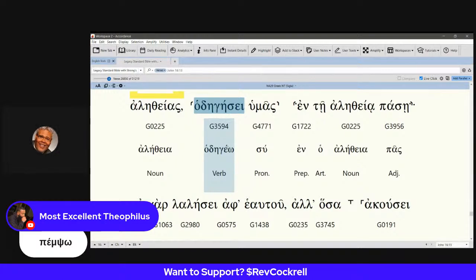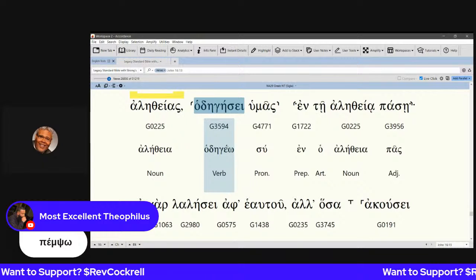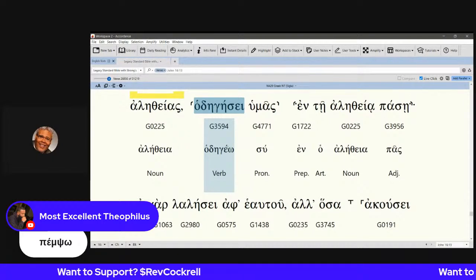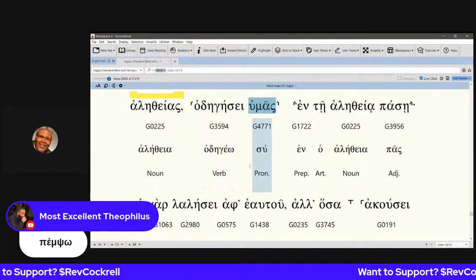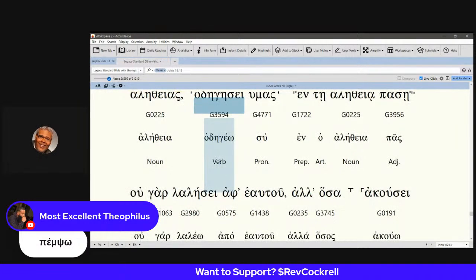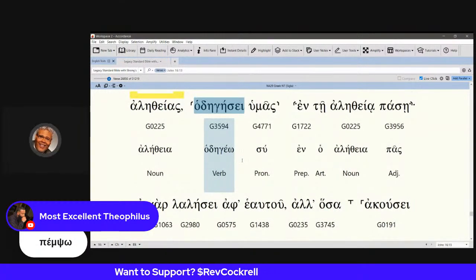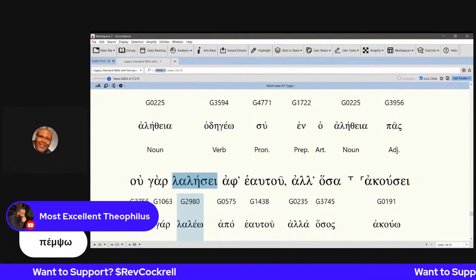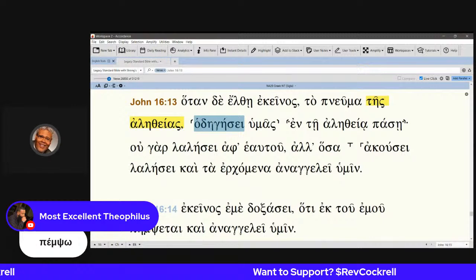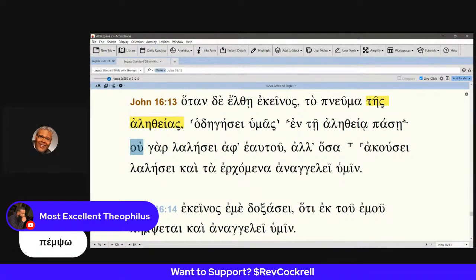So the future tense is adding to that. Also, there's another future tense down here. So we see he will lead you, he will guide you into all the truth.